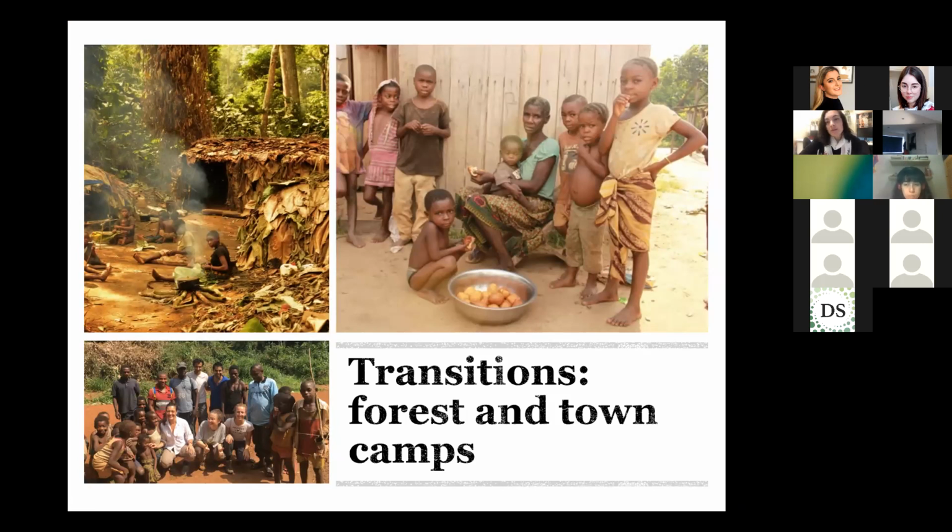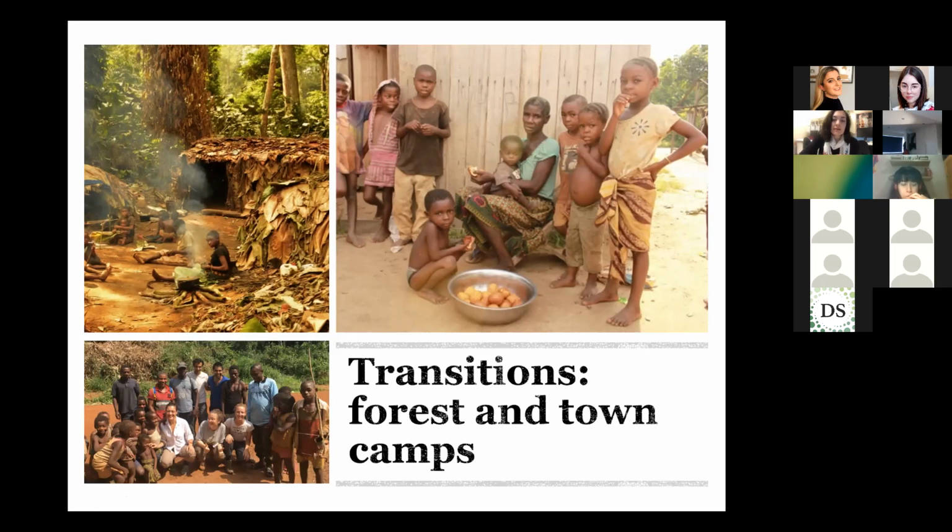But some BaYaka prefer living closer to farmer villages and farmer towns, and they make larger villages, over 100 people, and then they usually live in more sedentary houses made of timber. So there are some transitions and variation in market integration in BaYaka groups.